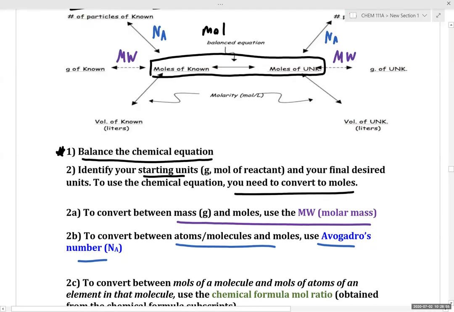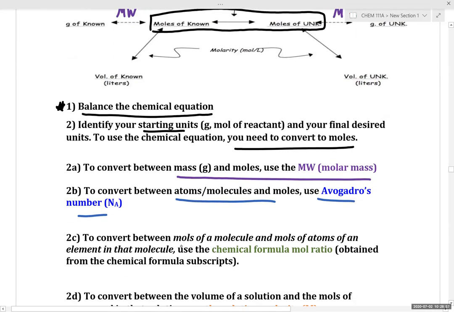This one's a little bit interesting. If you want to convert between moles of a molecule and the moles of an atom of an element in that molecule, you use the chemical formula mole ratio, which is obtained from your subscripts.